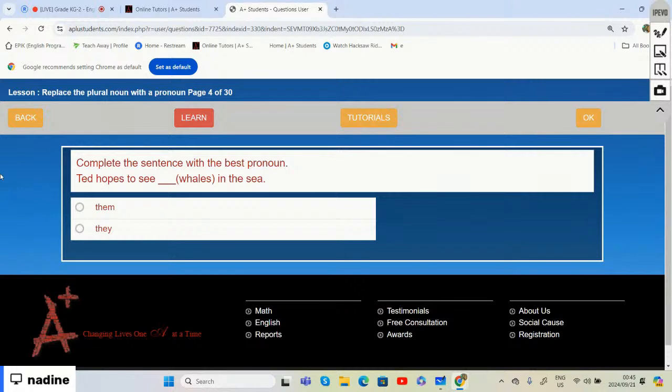All right, let's do the last one. It says, Ted hopes to see whales in the sea. We need to replace the word whales with the pronoun. Do we say Ted hopes to see them in the sea, or Ted hopes to see they in the sea? So them or they.